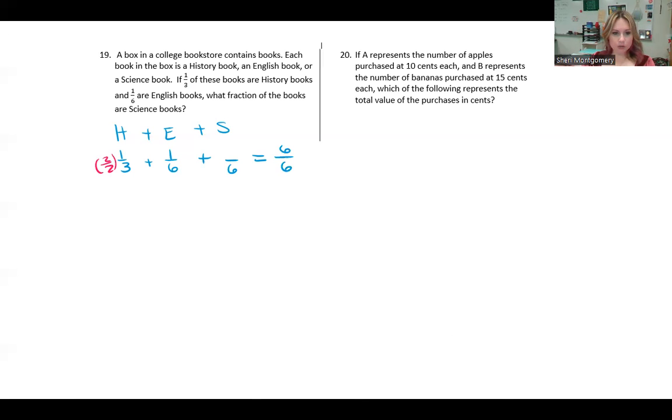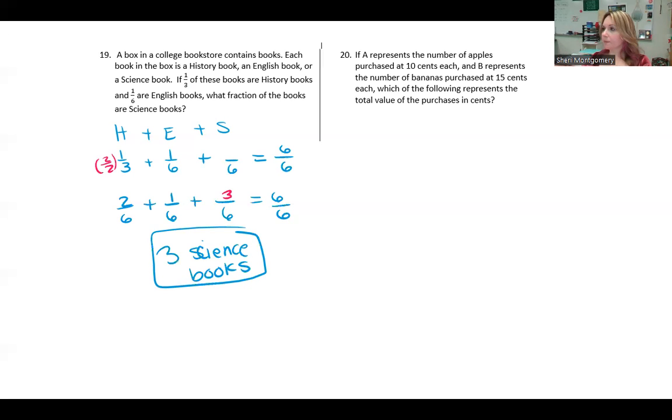So we get 2/6 plus 1/6 plus something over 6 has to give us 6 out of 6. It could be X. So 2 plus 1 is 3 plus another 3 would give us 6. So we have to have 3 science books. What is 6/6?